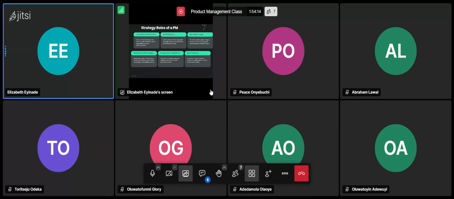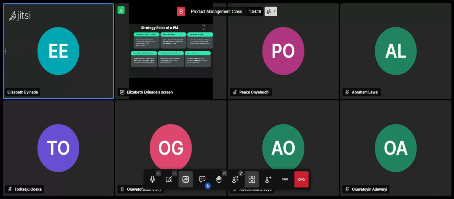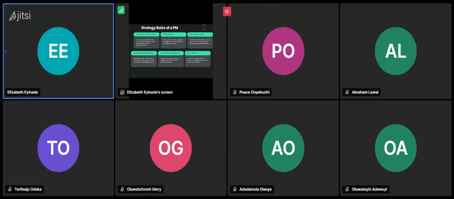Now, Toriseju, for this feature, the chat box feature that needs enhancement, highlighting the messages on the chat box, you need to go back and think of how you want to communicate this feature to your engineers to work on it. So you have to write a brief requirement, like how you want it to work.